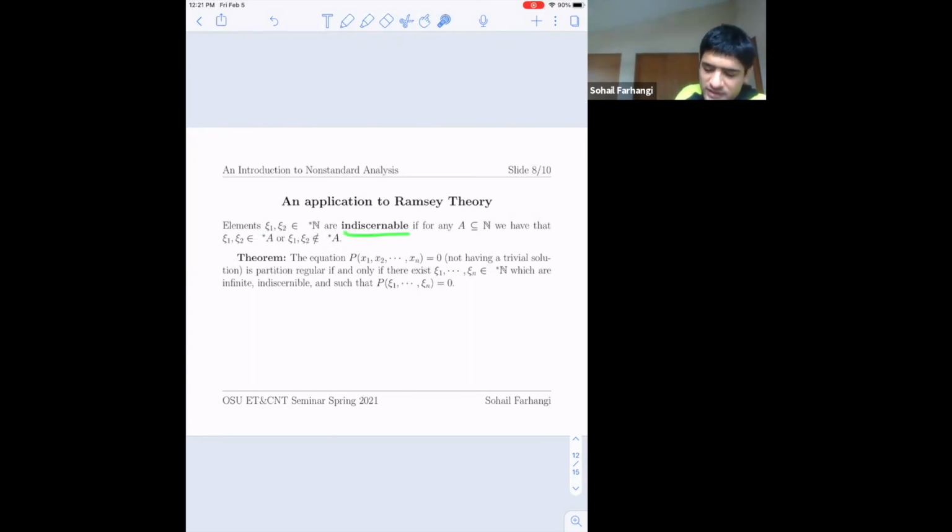And the reason this definition helps is we have the following theorem. If you have an equation, which we're just going to assume is a polynomial equation because that's ultimately all we're going to apply it to.